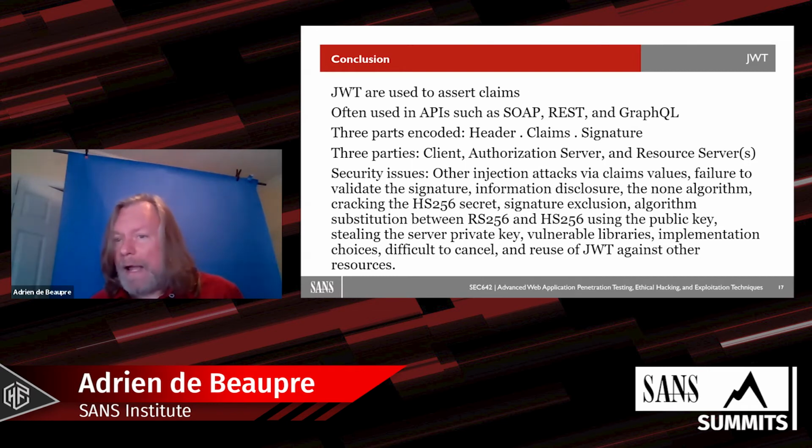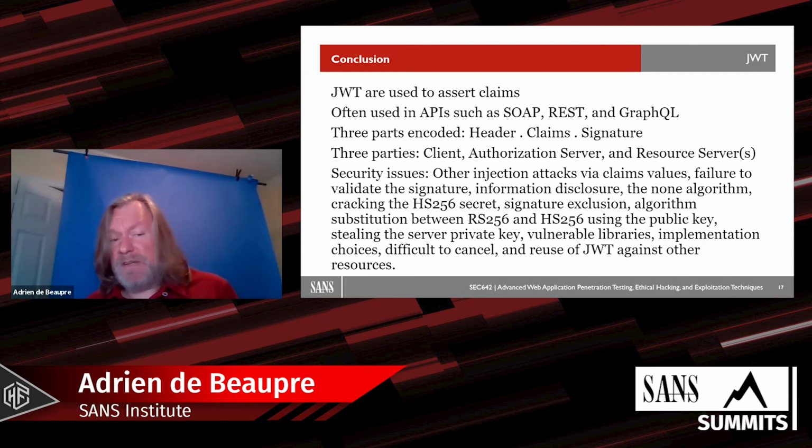There's a whole whack of different attacks. If you can modify the assertions, it might be possible to do denial of service, might be possible to do SQL injection. Whatever the assertions are used for server side, there might be other forms of injection attack possible against that server. You can crack HS-256 secrets, do signature exclusion, or swap the algorithms.